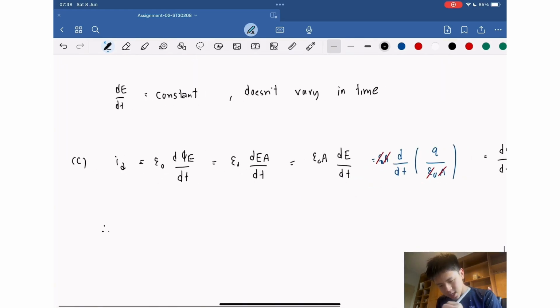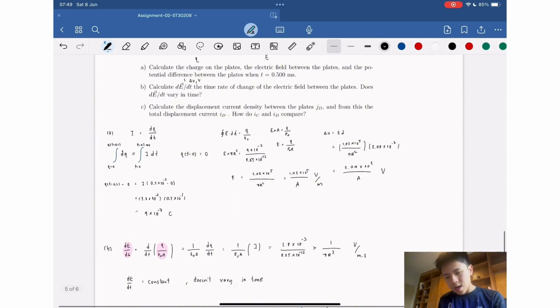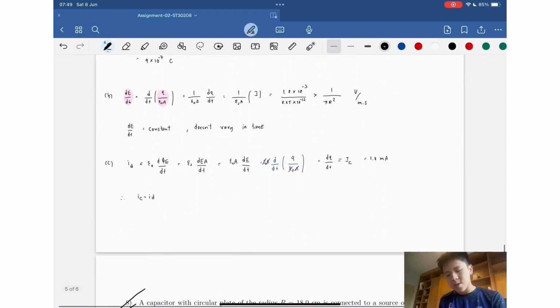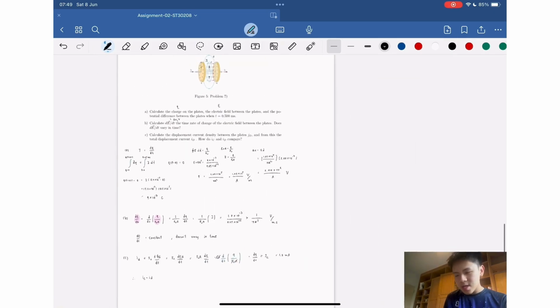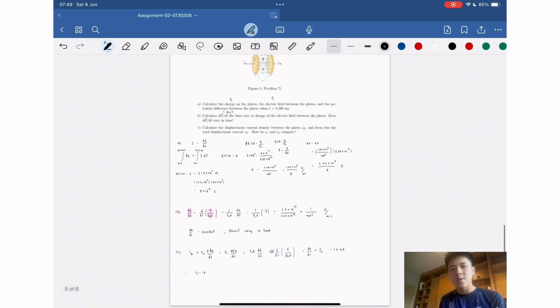So in this section, IC equal to ID. How do IC and ID compare? IC is equal to ID equal to 1.8 milliampere. So this is the end of question 7. Bye bye.